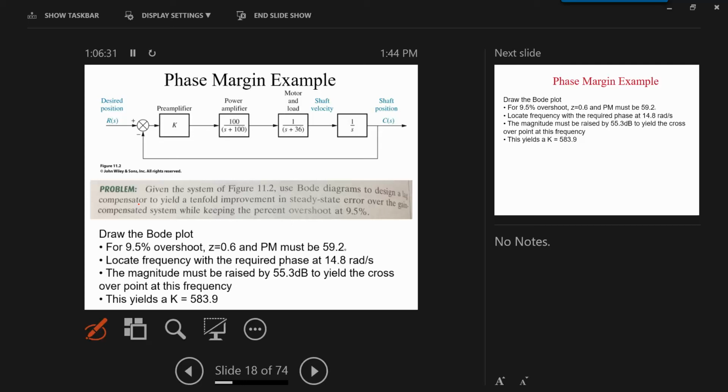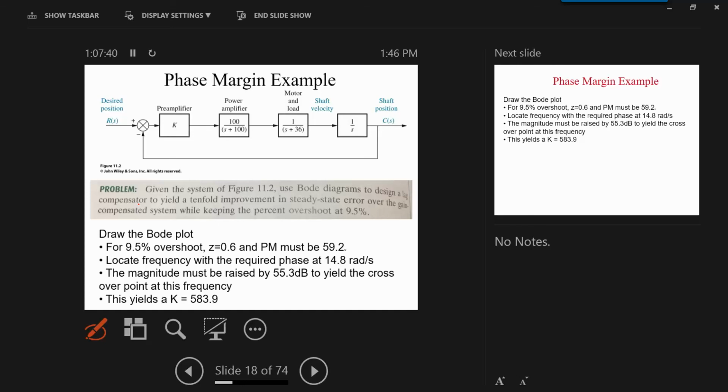The phase limits are minus 270 to minus 90, and the magnitude limits are 40 to minus 100.